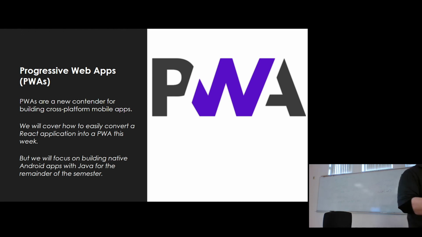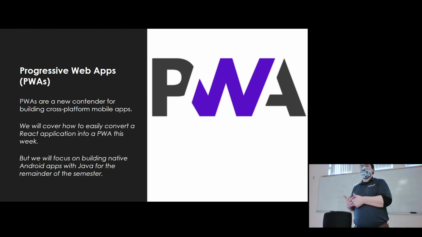The gist of it is, maybe I can take these web applications that we're building, that are getting better and better, that we talked about how to build in third semester, and turn them into actually mobile applications.